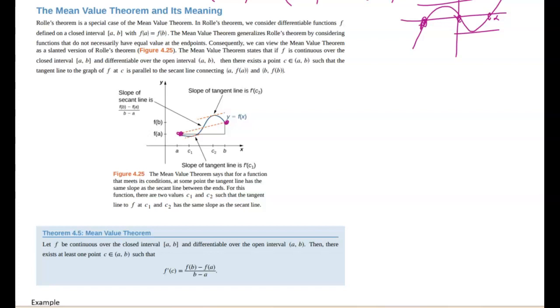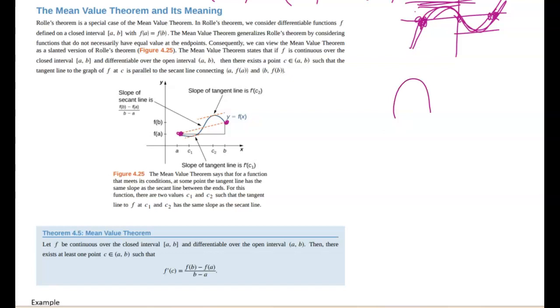Well, there's no longer a guarantee that there's an absolute max or absolute min. The reason there's an absolute max or absolute min in Rolle's theorem is that the values were the same, so it had to go up and back down.